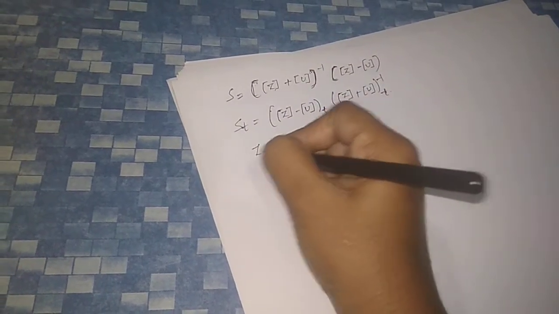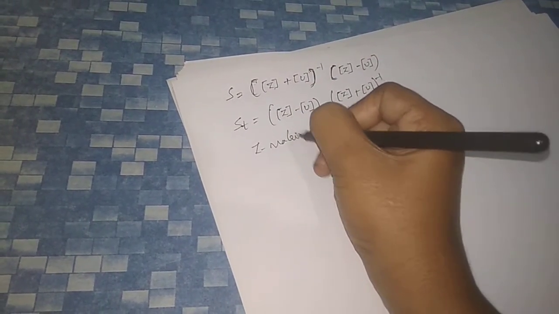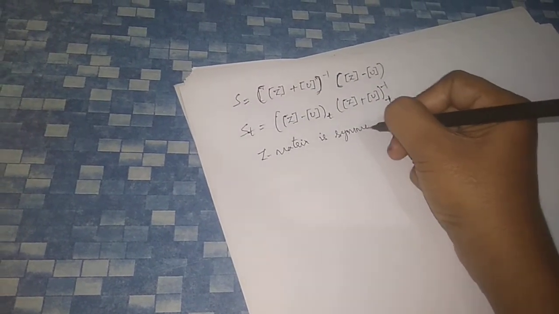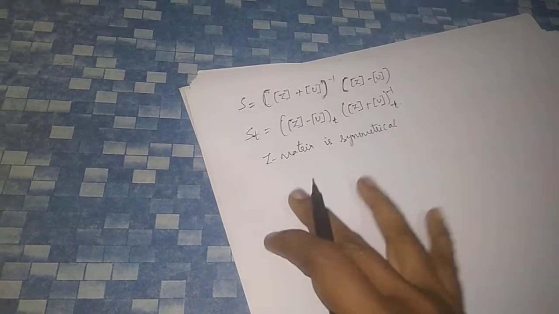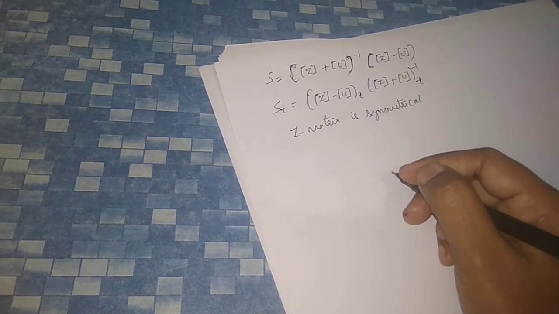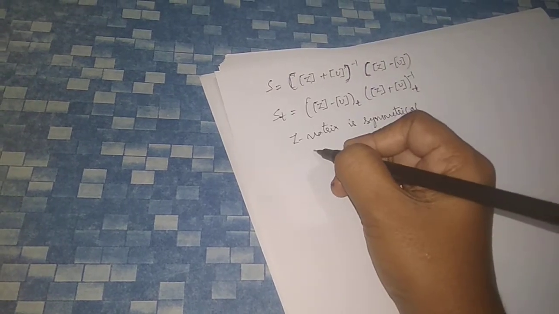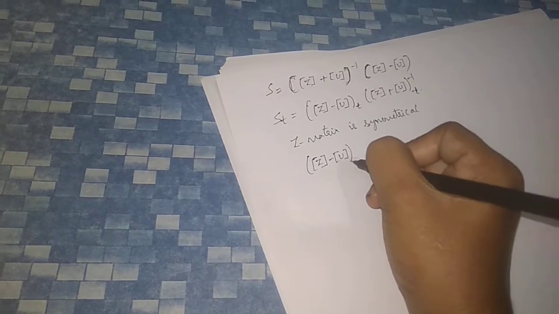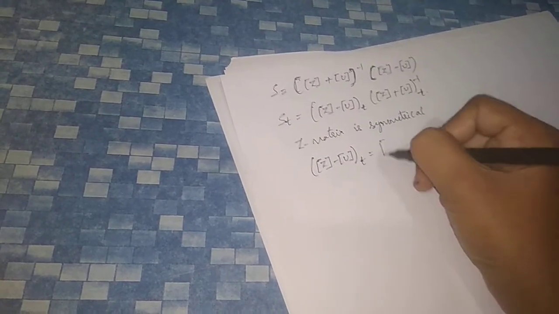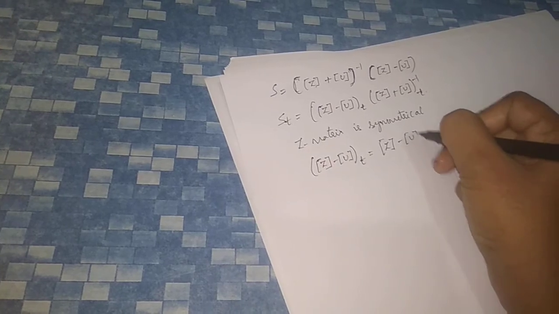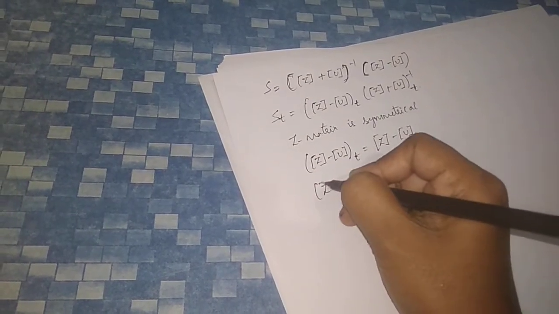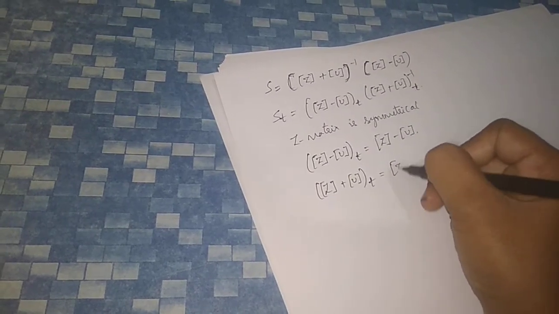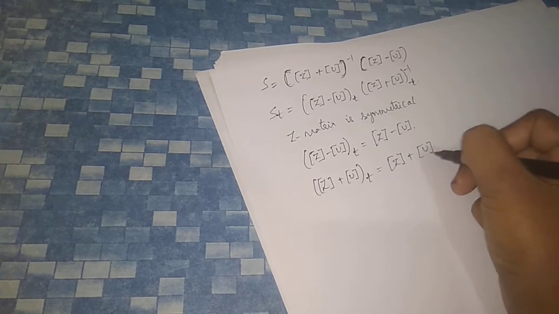And we know that the Z matrix is symmetrical. We have shown this in the beginning: the Z matrix and Y matrix are symmetrical for a reciprocal network. So Z minus U transpose is equal to Z minus U, and Z plus U transpose is equal to Z plus U.